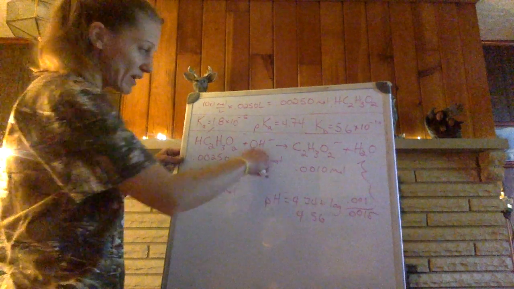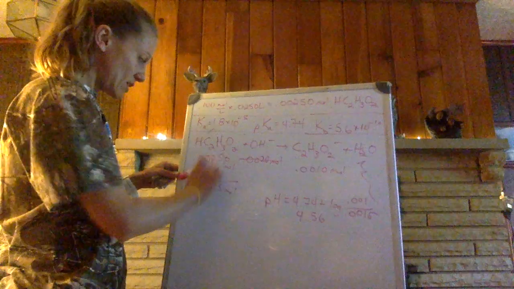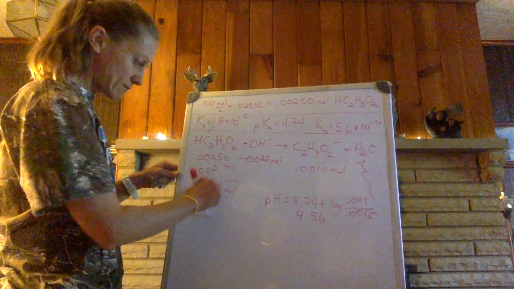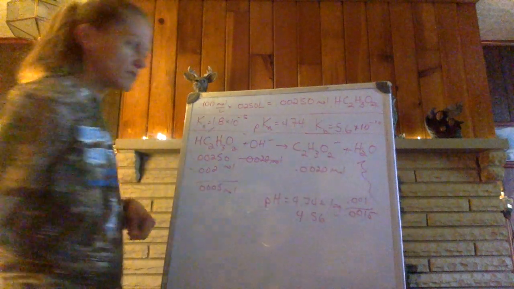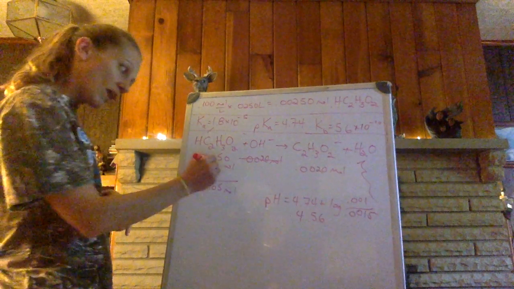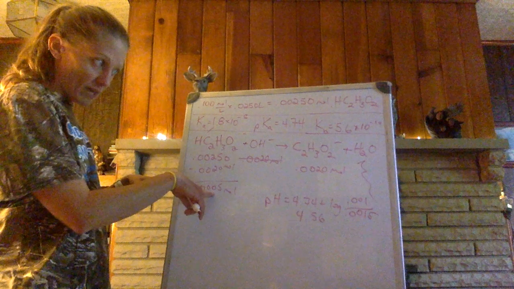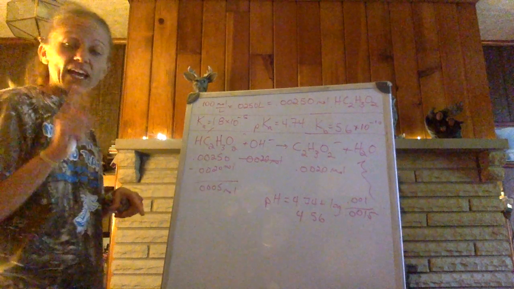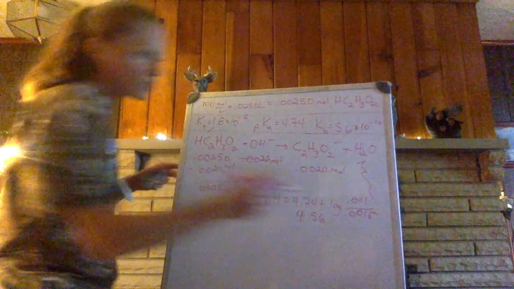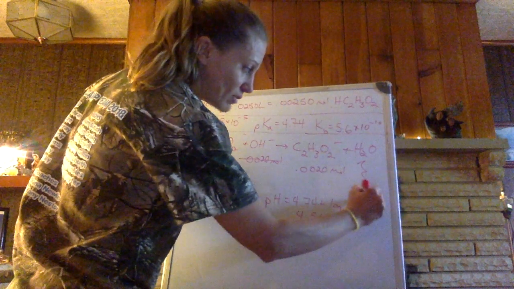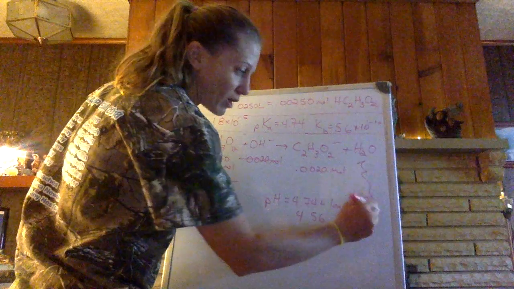I'm going to keep going, and I'm going to be the lazy teacher and just make my little changes because of the wonders of dry erase. I just changed all my 1s to 2s and moved some extra stuff here. I am looking at a difference, though, in my ratio of base to acid, because this is now 0.02, and that's real low.